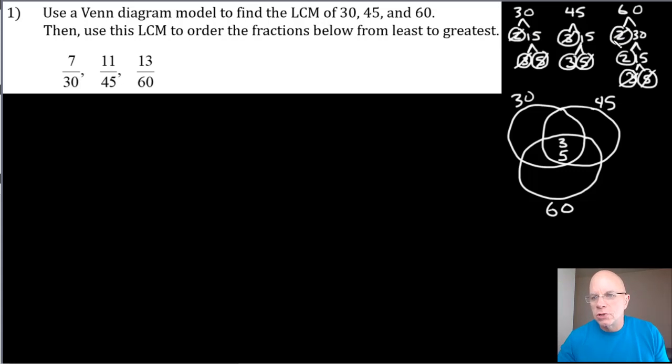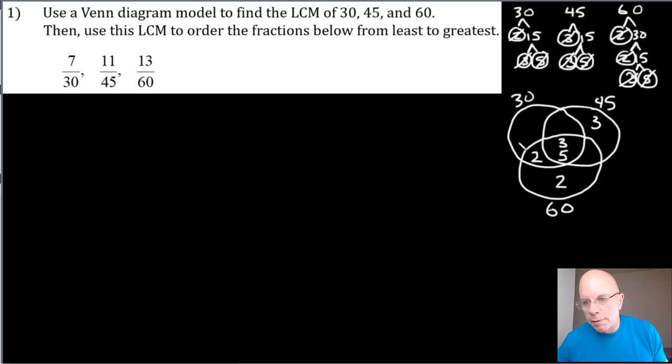So I'll cross one 2 off of the 30 tree and the 60 tree and place it in the intersection of those 2 numbers. Not all 3, but those 2. And then 60 has an additional 2 in the 60 only section, and 45 has a 3 in the 45 only section. This would be the point where you would check your work and cover up circles.